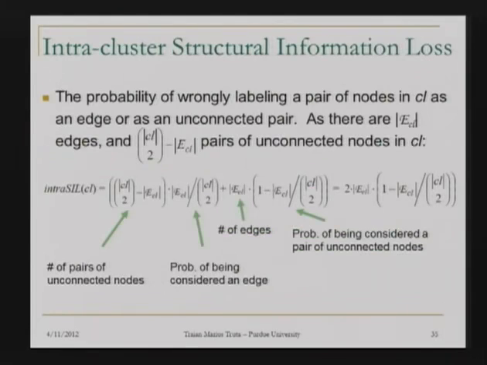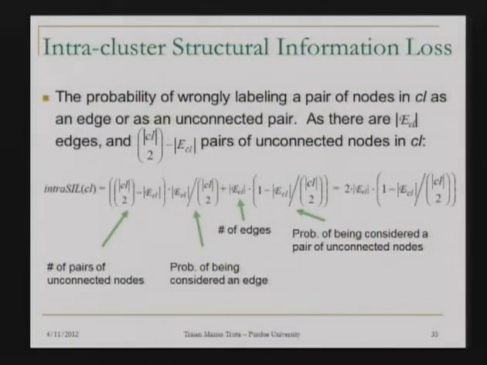Now, they are defined here, and as you can see, it's a large formula for those as well. But what is important for intra-cluster structural information loss? This is the probability of wrongly labeling a pair of nodes as an edge or an unconnected pair. So if you take 2 nodes, what do you say? Is there an edge or an unconnected pair between the 2 nodes? And you may guess, but the probability of labeling wrong is computed here.